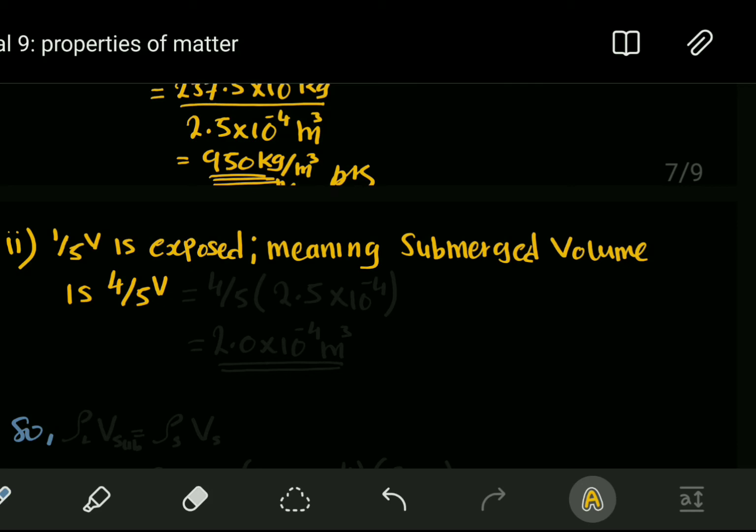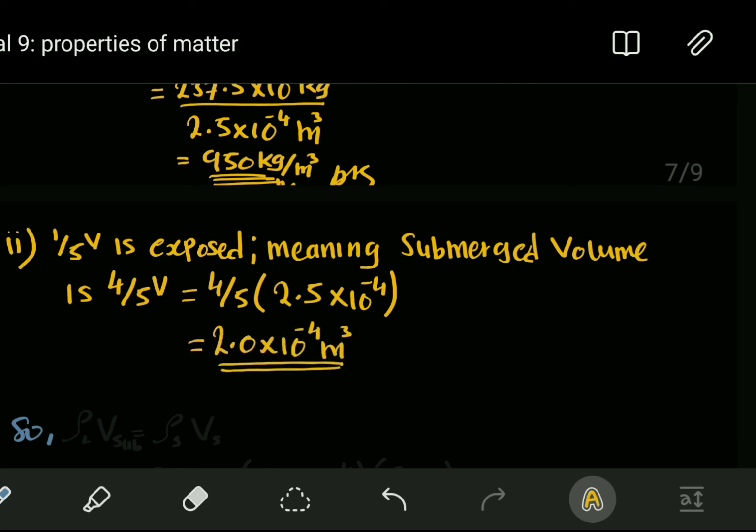Which is 4/5 times the volume of this particular solid, giving the volume which is submerged as 2.0 times 10 to the minus 4 cubic meters.